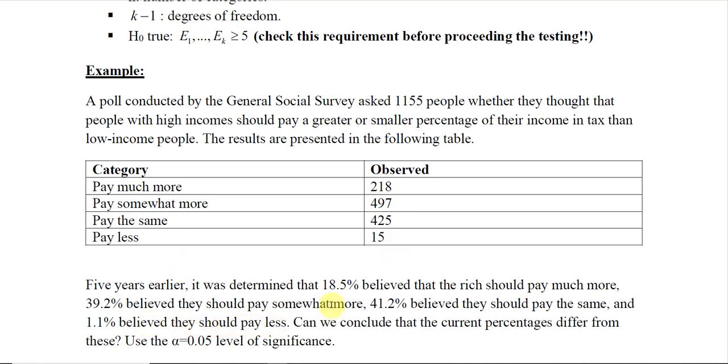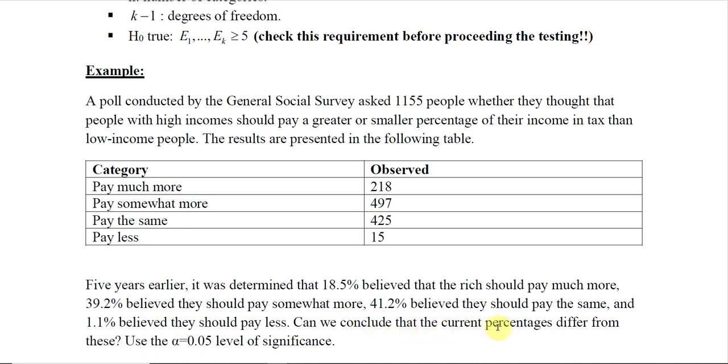So the question here is, can we conclude that the current percentages differ from these? Are the two sets of data, the one from 5 years earlier and the one now, the same or different?